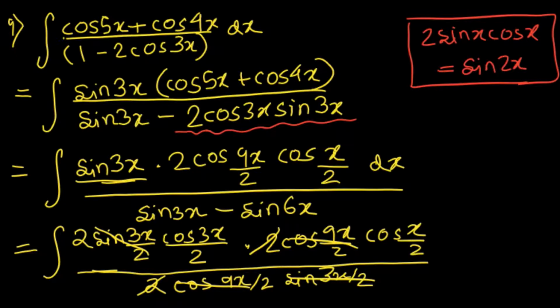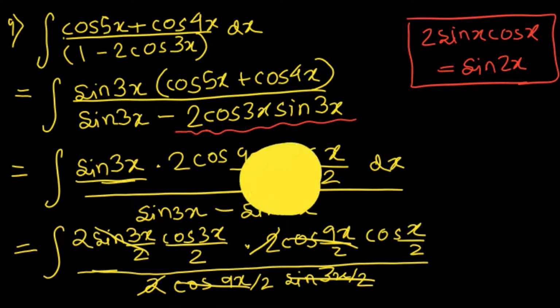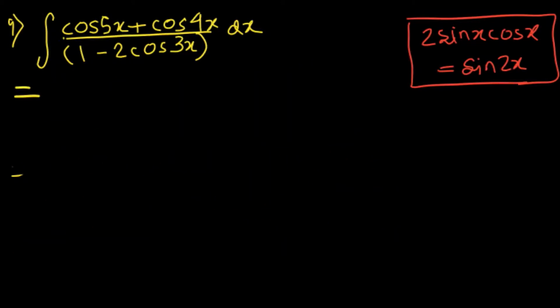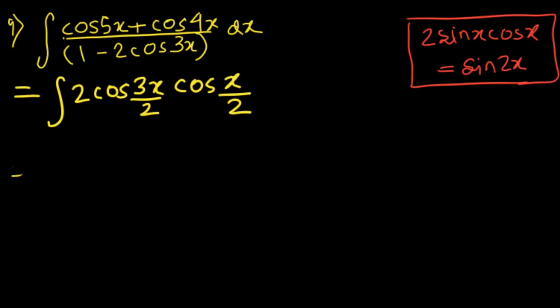So what remains in the numerator is, I am writing it once again, integration of 2 cos 3x by 2 cos x by 2. So there is a formula, means it's the back tracing of the similar formula, that of writing it cos a plus cos b.